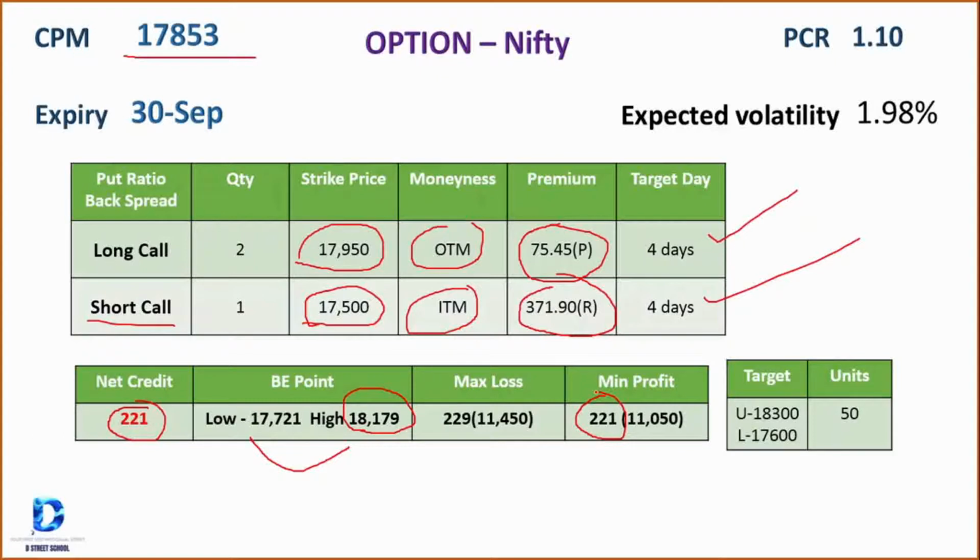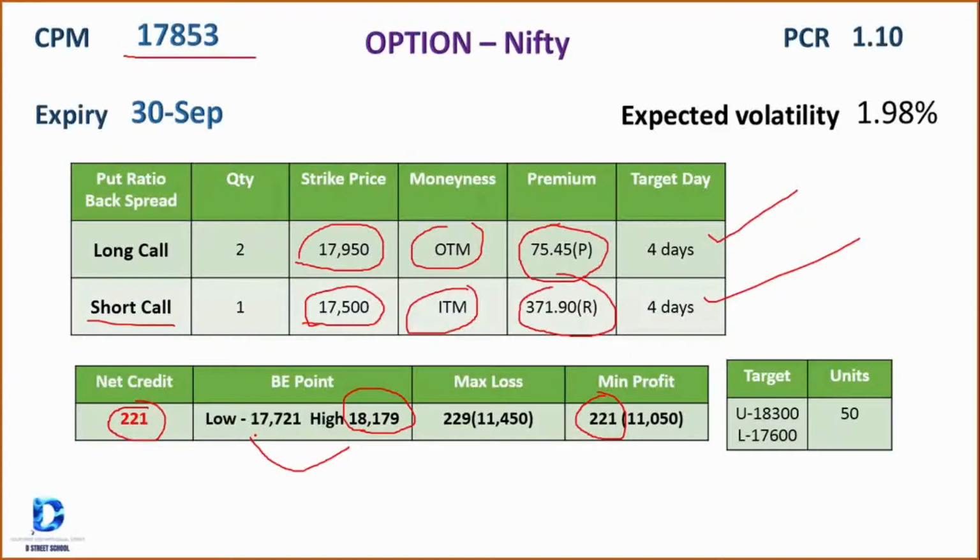If the market goes downside, this is the maximum profit we book at this level. As soon as Nifty breaches 17,721, we will start booking the profit. Once it reaches 17,500, this is the maximum profit we will book when Nifty goes against our prediction.